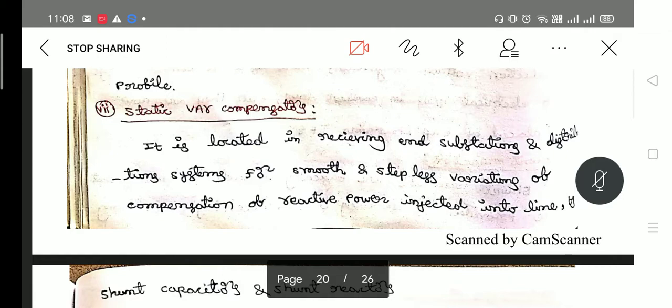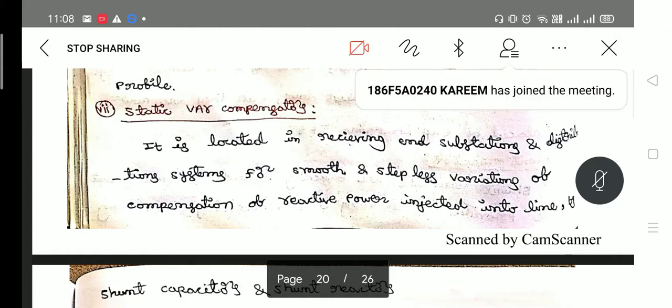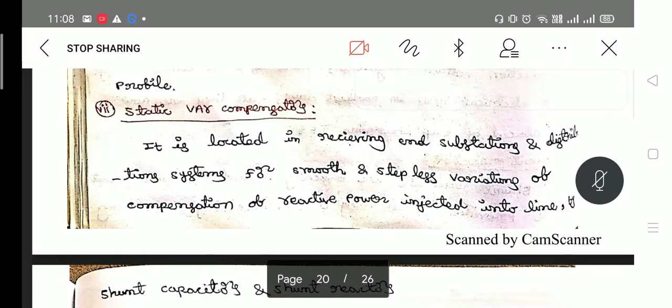Next one is static VAR compensator. The static VAR compensators are also used in receiving end substations or distribution systems. Why? Because by using the static VAR systems, we get smooth and stabilized variations in the reactive power.